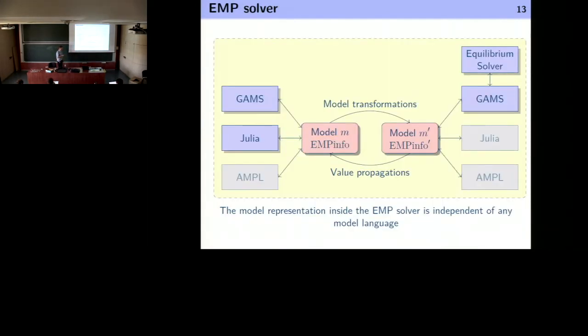So this is how our solver works here in the middle. We can take input from GAMS or Julia, then we get a model and some EMP infrastructure, then we do the model transformation, usually adding variables, adding constraints, removing some variables. And then as outputs, right now we can only export to GAMS. I'll talk a little bit more about Julia later. In GAMS, we have an equilibrium solver. And in this way, after doing some value propagation, you can get back the solution of your problem in Julia.